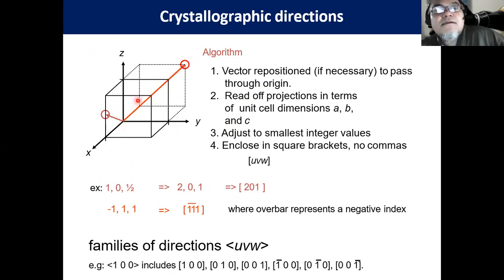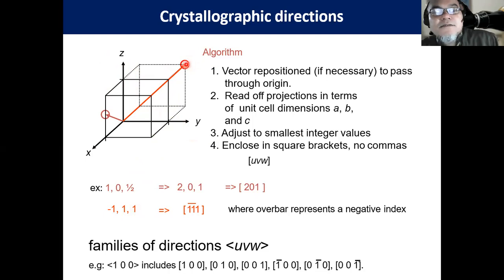For the other one here, the origin is at 0, 0, 0. The x direction is -1 because it goes towards the negative x axis. The y direction is 1. The z direction is also 1.